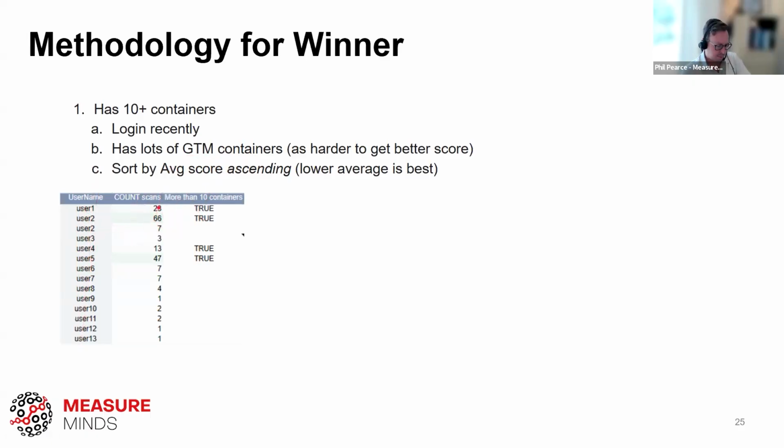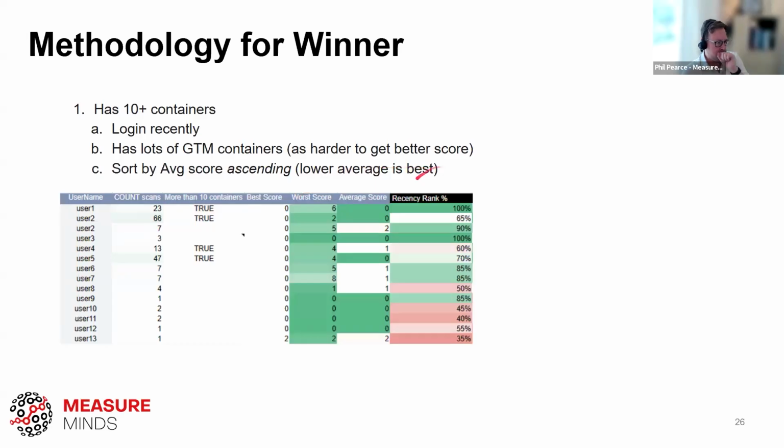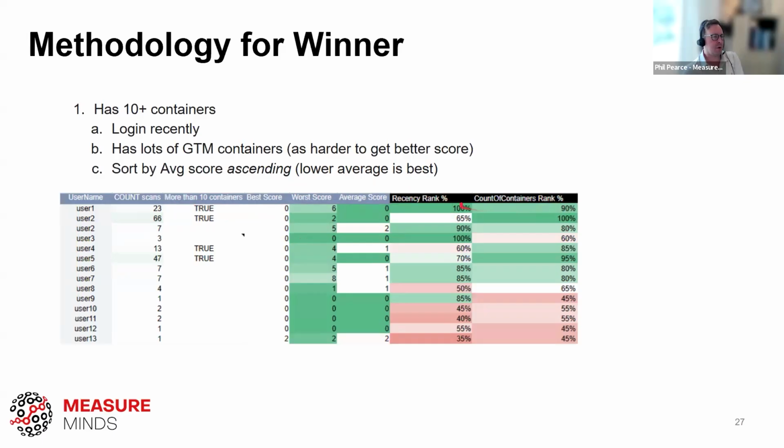This is the counts of number of scans. So here we've got user number one, 23 scans. They've got obviously more than 10 containers, so they're eligible for the competition. And they've logged in recently, and they're high in terms of the weighting of number of containers here.